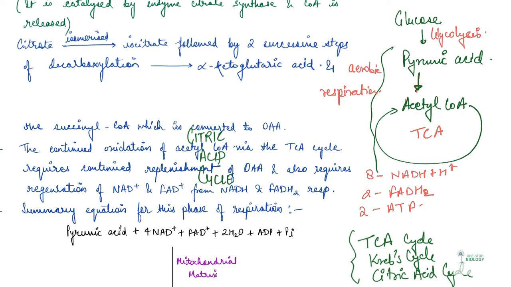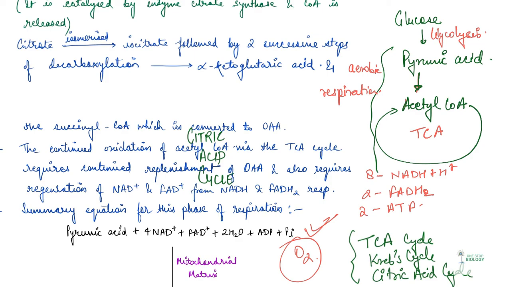Now we have basically not discussed how oxygen is involved. We have not yet discussed what role exactly oxygen plays in this cycle. And we always say that for aerobic respiration, oxygen is mandatory, oxygen is required, right?